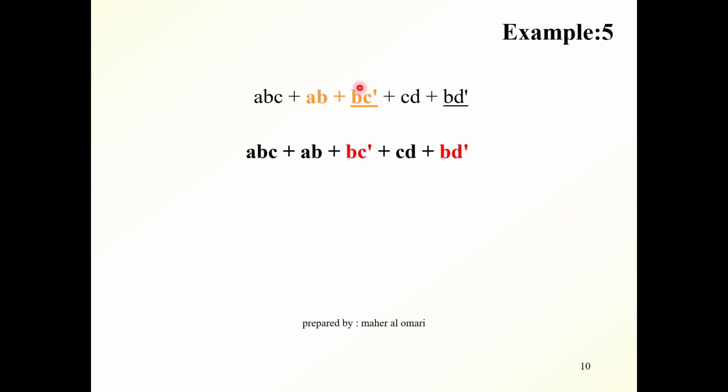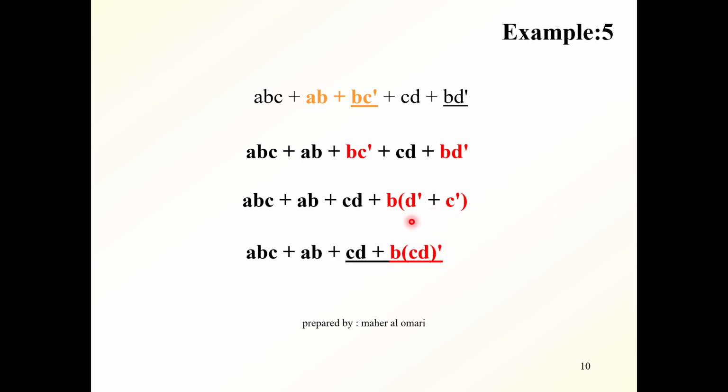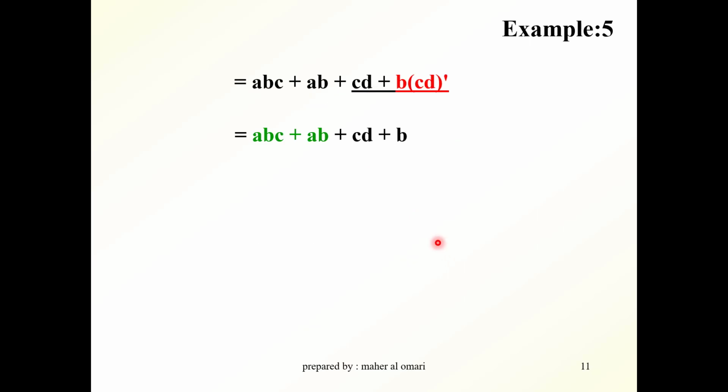Now if we take these two terms, this and this together, we will have this. Take the B out of these two, we are left with this. Now from the absorption theorem, this part of the term is equal to C D complemented. Now if we take these two terms, these two will lead to this.